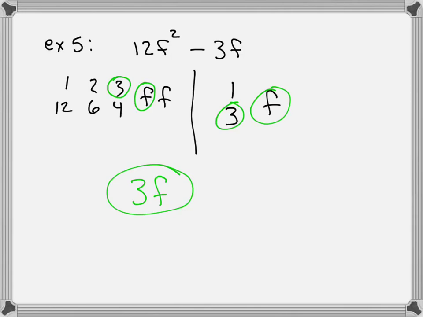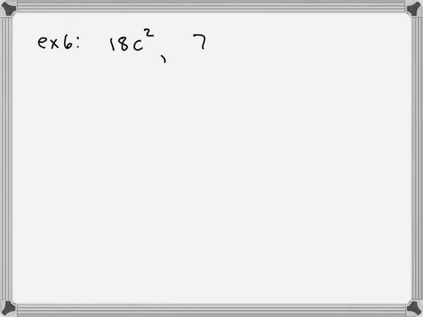Okay, let's move on to example number 6. We have two monomials. What is the greatest common factor? Well, if we look at this, 7 is a prime number. The only factors of 7 would be 1 and 7. 7 is not a factor of 18, so the only common factor we would have is going to be a 1.